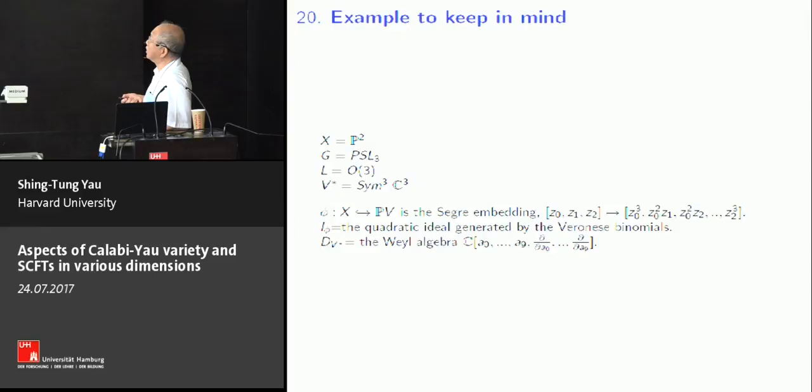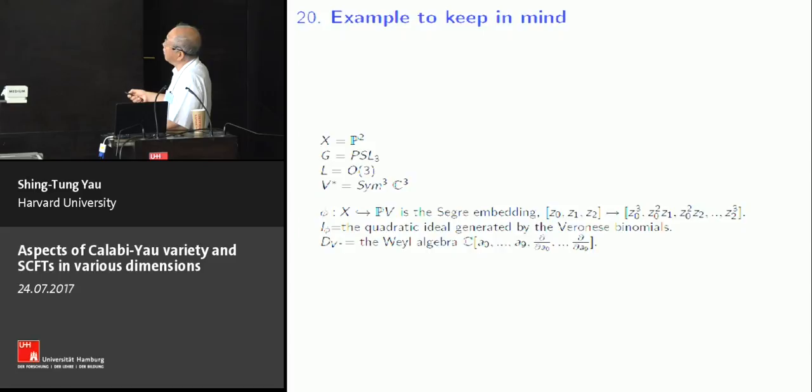So V star is now the symmetric product of C3, and this gives you a Segre embedding of X into projective space of V. The embedding is explicit, given here. So this is the phi that I discussed before. L phi is the one that we discussed earlier, the quadratic ideal generated by the Veronese binomials coming from understanding this embedding.